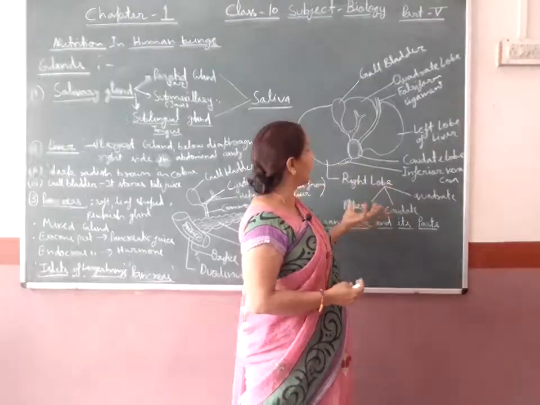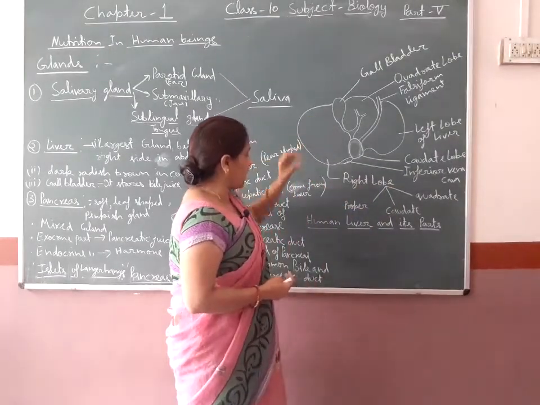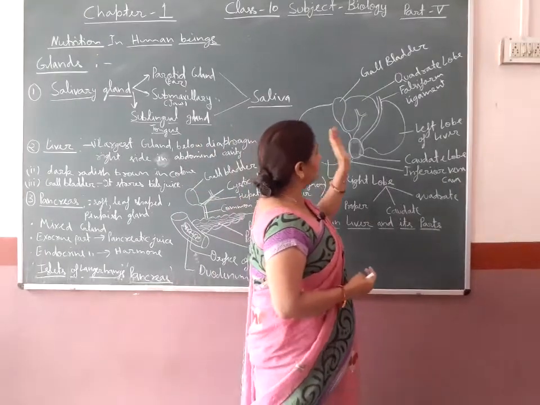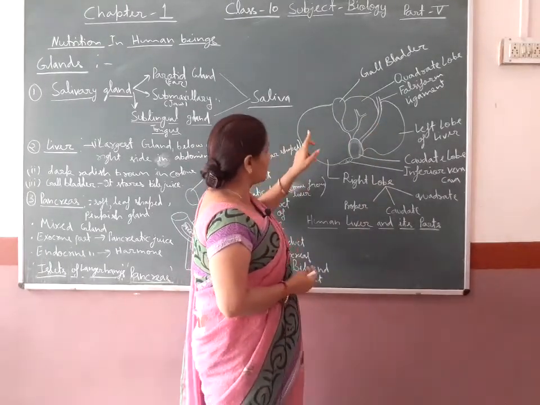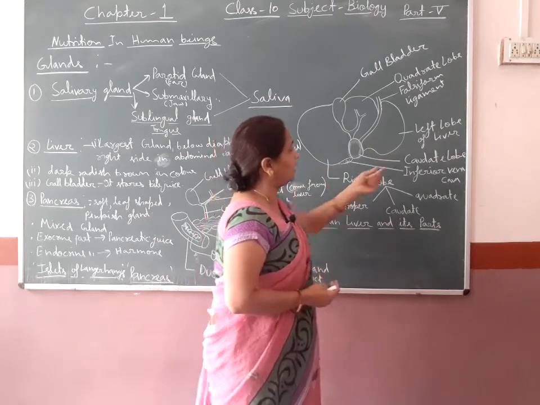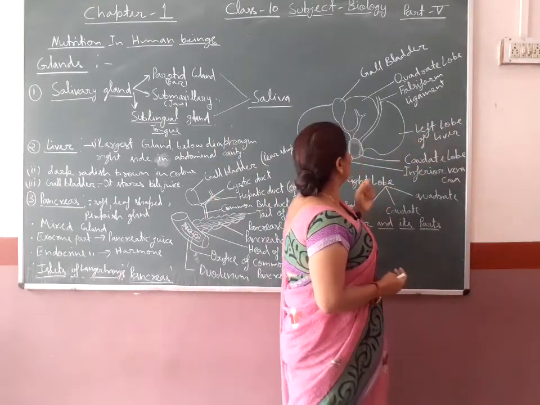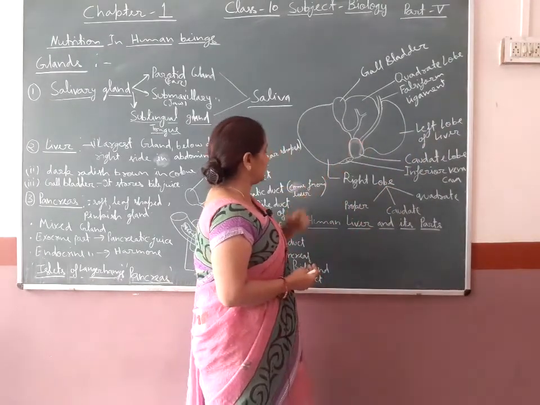The liver has two lobes, a right lobe and a left lobe. It is seen in the figure.